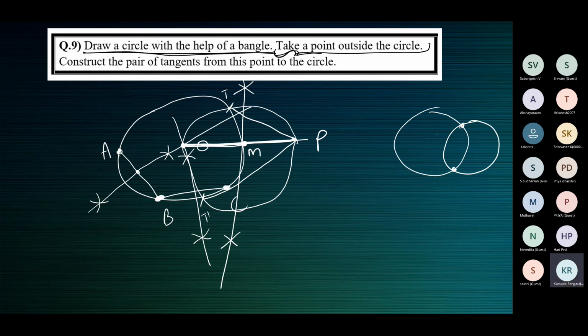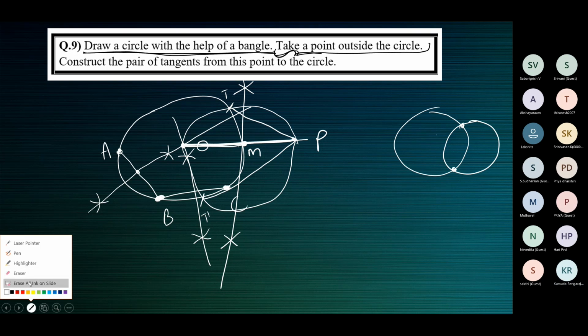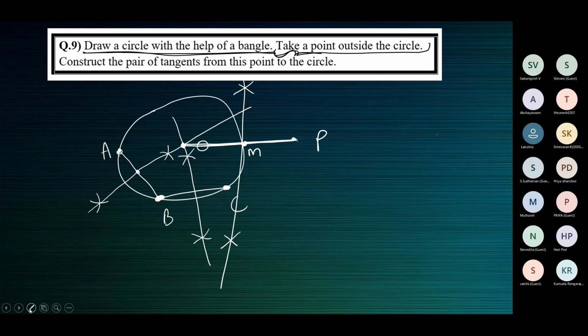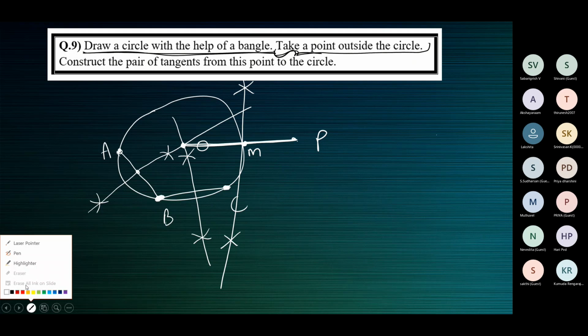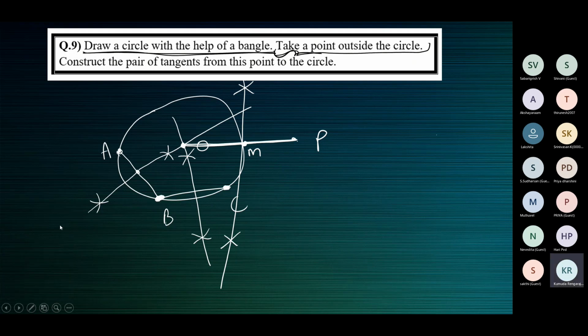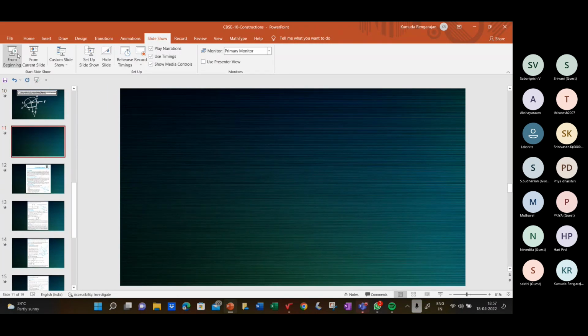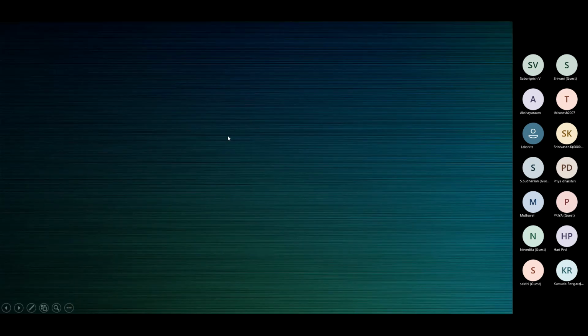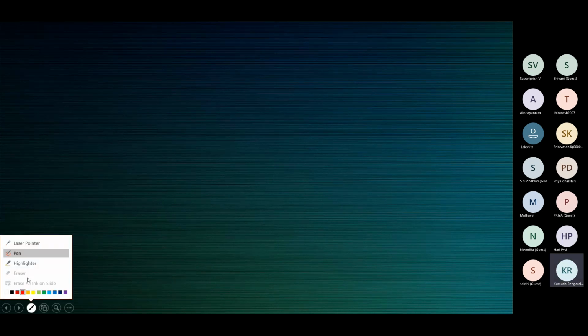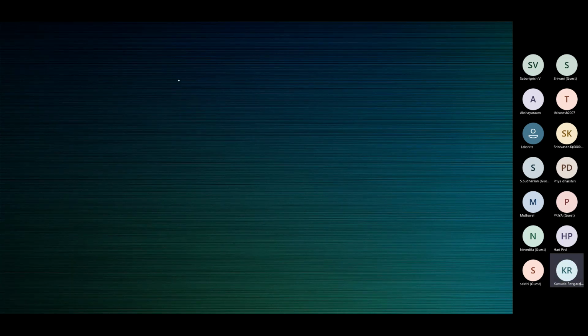To show you how this construction works. So how can we justify this construction?